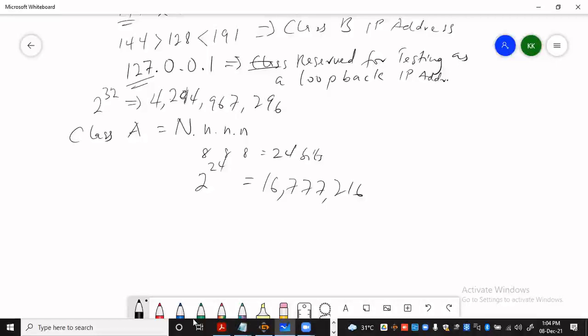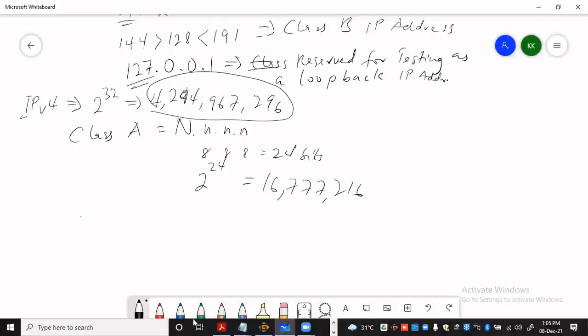So that's about 4 billion IP addresses that IP version 4 can support, the number of IP addresses or devices that want to talk on a network. But when it comes to its classification, class A can only support 16,777,216.